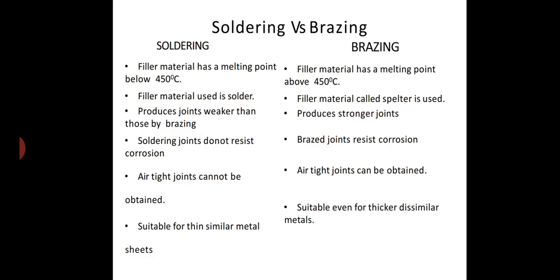Much stronger joints are produced in brazing, and it can resist more corrosion. You can obtain airtight joints in brazing, and brazing is suitable for even thicker dissimilar metals, but soldering is only done for thin similar metal sheets or metal wires. So in brazing we can use dissimilar metals also.